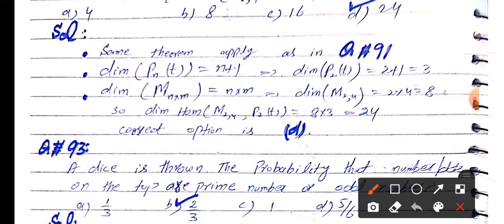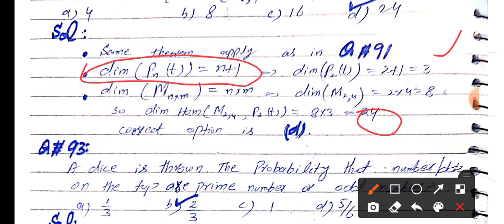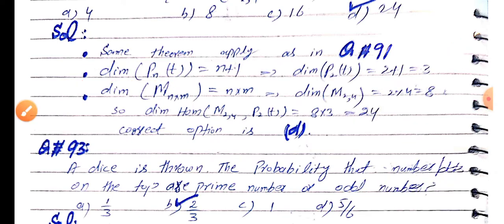See the formula, how we can multiply: 4 to 8 and 8 3, 24. So see this, the dimension of P_n is n plus 1. So 2 plus 1 is equal to 3, and 2 4 is 8, 8 times 3 is 24.